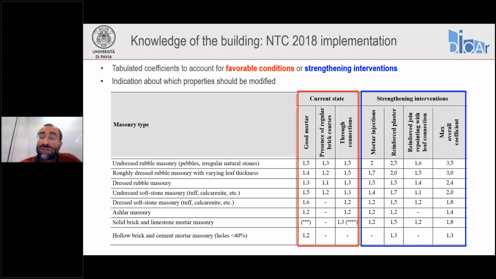And these are the values within the blue rectangle here in the slide. Again, each line corresponds to different masonry typologies. And the code specifies if these coefficients can be applied to strength, to elastic modulus, the property that can be modified depending on the favorable condition or the strengthening intervention.